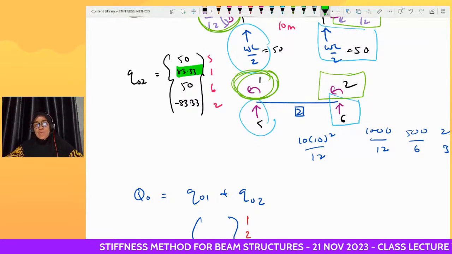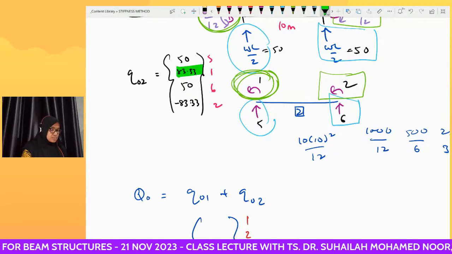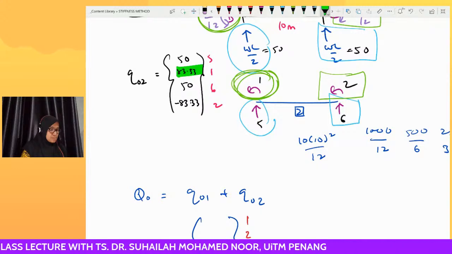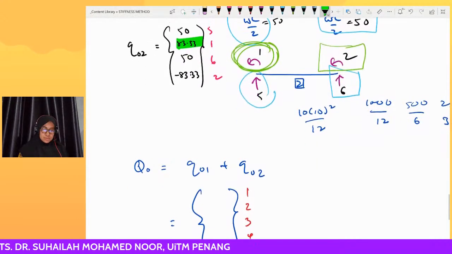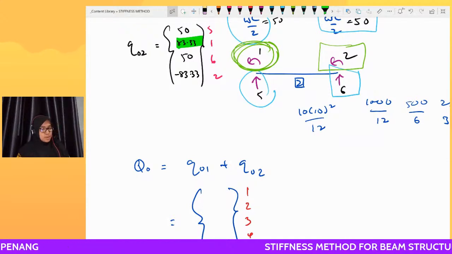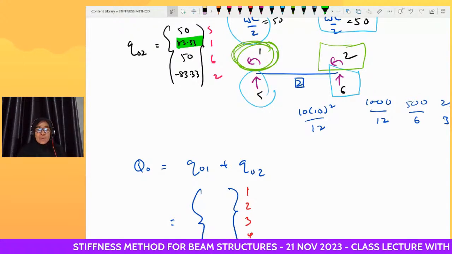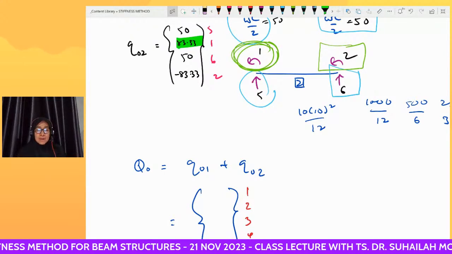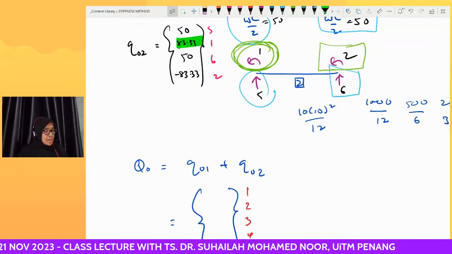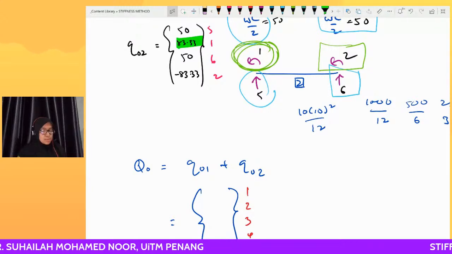Okay, position 1 means we have to find the value we label as position 1 in Q naught 1 and in Q naught 2.